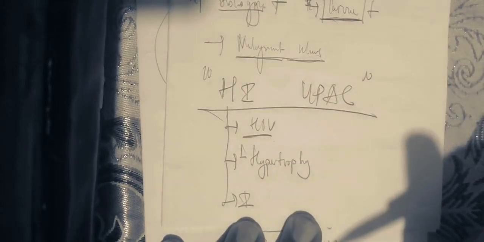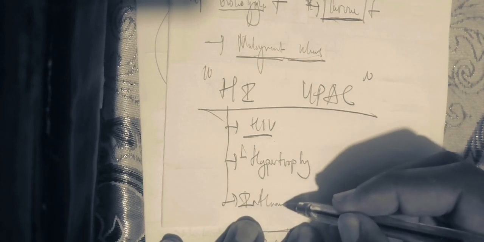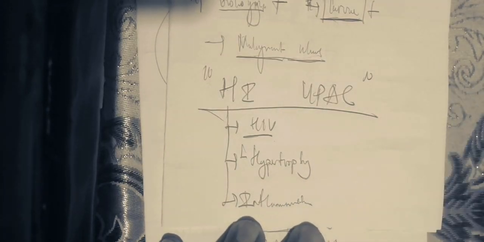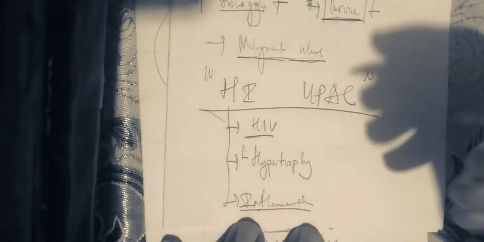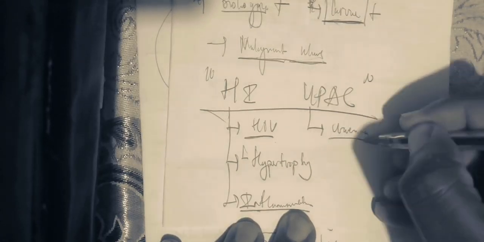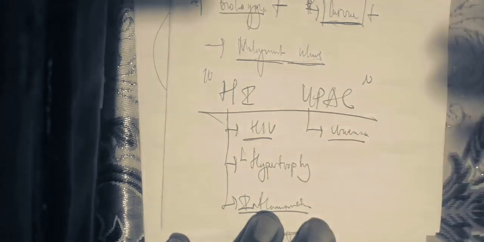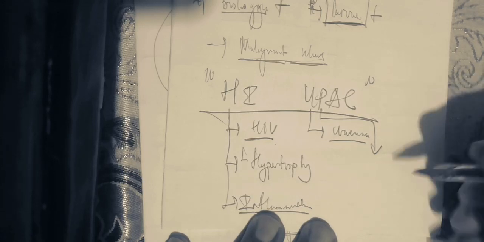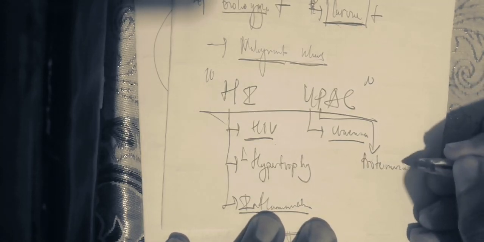The I is a case of any chronic inflammations like vasculitis. When you have chronic vascular inflammations like vasculitis, that is going to be the case of I. U is when you have a uremia. Uremia is a novel cardiovascular risk factor that can result in any cardiovascular disease. P is for proteinuria.